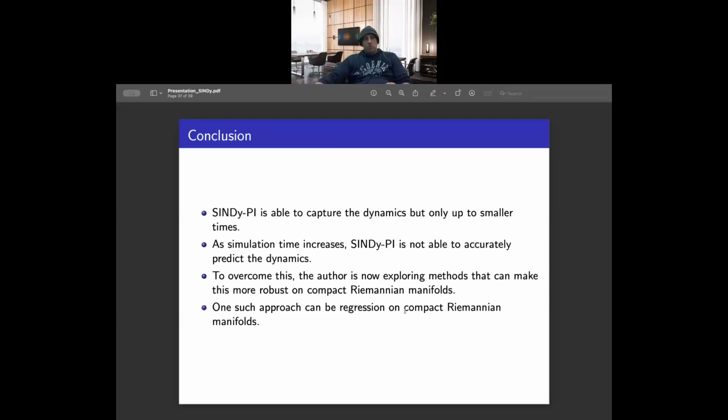But there is one more issue. The regression that we are doing is in R^n, and this manifold is a curved space. You can move to the tangent space and do the regression there. The issue is that if you move back, you cannot capture everything.